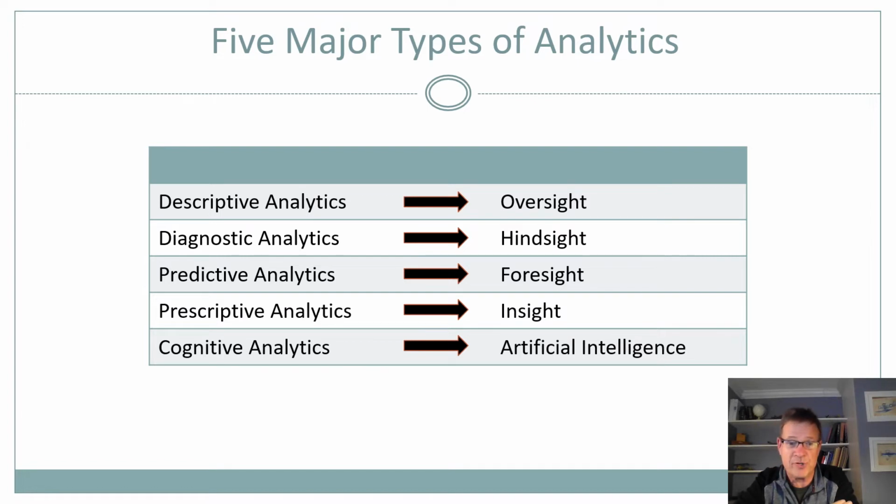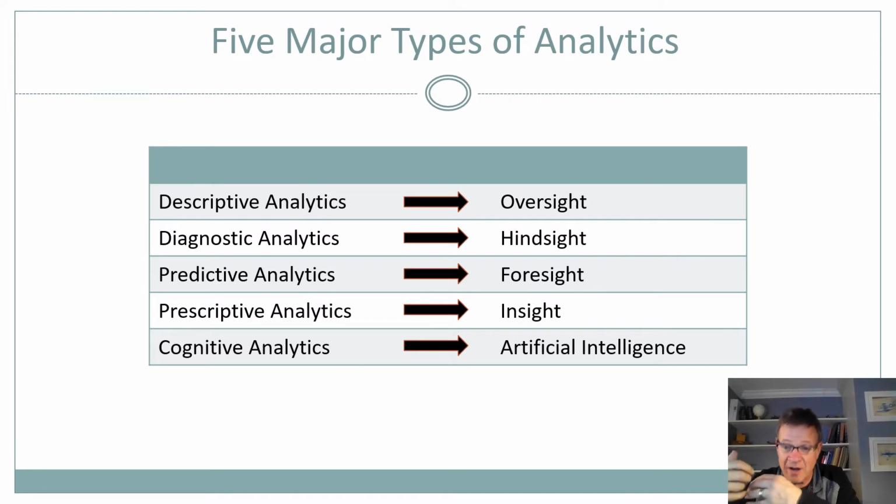Then there is what's called prescriptive analytics, or insight, where the systems are not only potentially advising you of potential opportunities or threats, but they're also giving you more specific recommendations as to how to respond to those opportunities or threats. This is getting into some of the foundations of both data science and artificial intelligence.